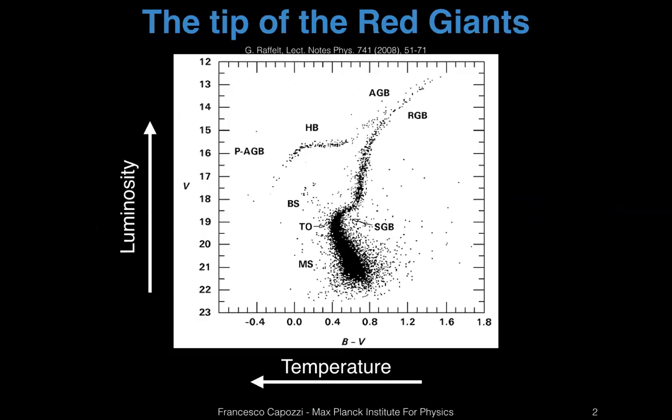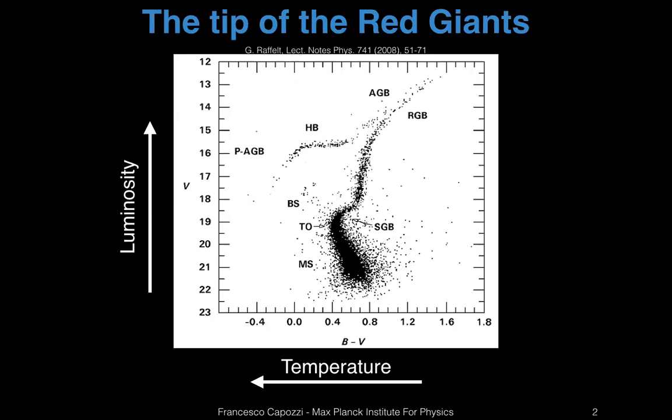stars, let's look at the color magnitude diagram, which is most likely a plot you have already seen before. On the y-axis, we have the luminosity of a star, which is increasing going upwards. Then on the x-axis, we have the temperature, which is increasing going to the left. And each of these black dots is basically a star.